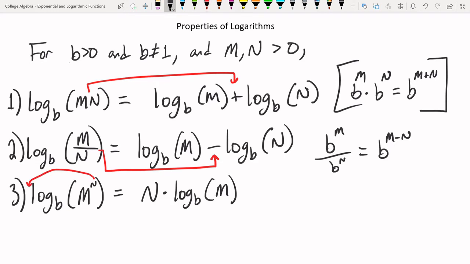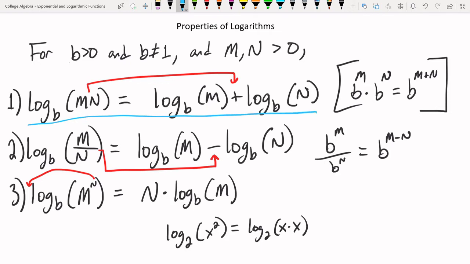And just to give you a simple case of it, let's assume we have log base 2 of x squared. Well, this is the same thing as log base 2 of x times x. And from the first property, if we have a multiplication, that leads to addition. So we have log base 2 of x plus log base 2 of x, but that's the same thing twice, so they're like terms.